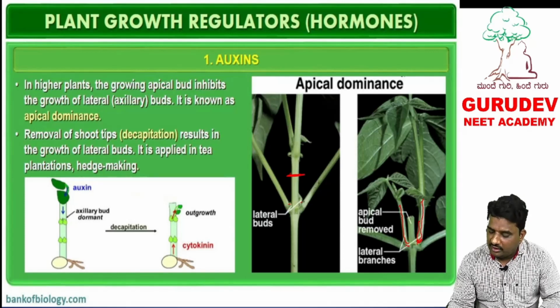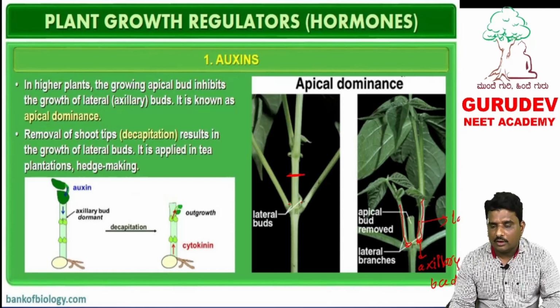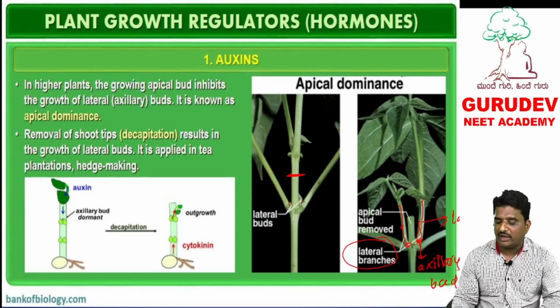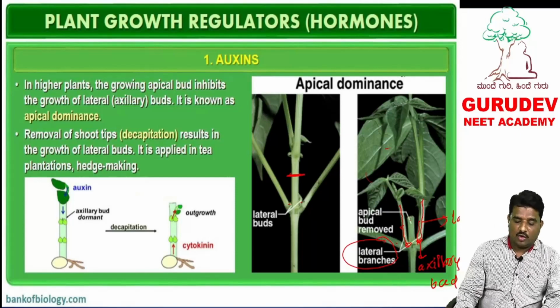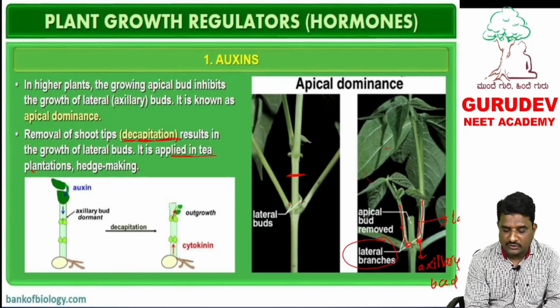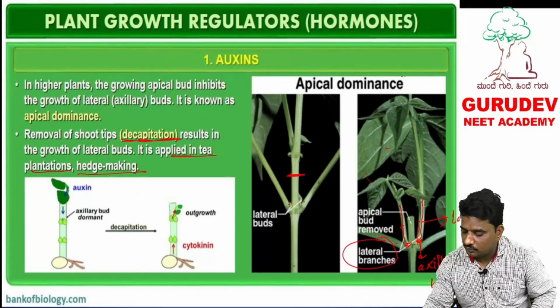From this axillary bud, lateral branches are produced, and maximum leaves are produced from the plant. This process, removal of the shoot tip, is called the decapitation process, which is generally carried out in tea plantations. We can also call it the hedge making process.